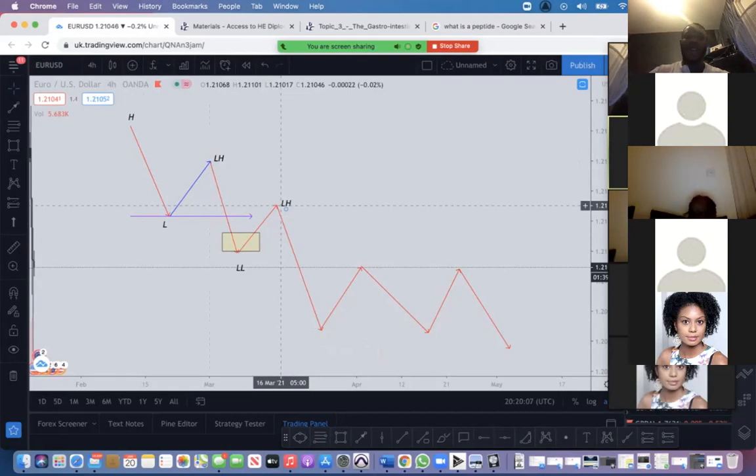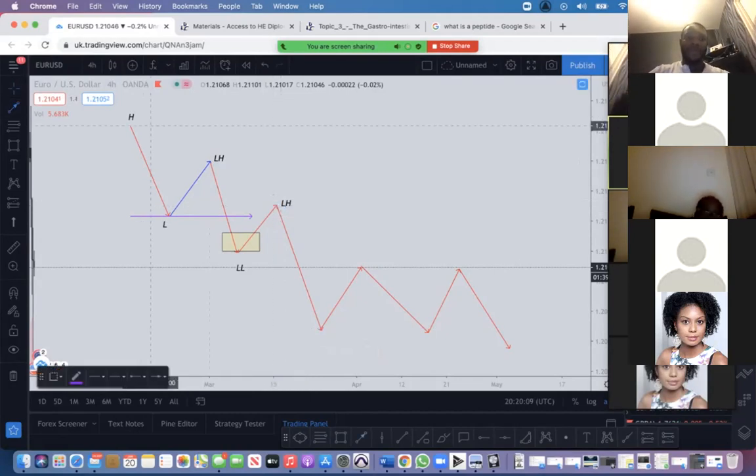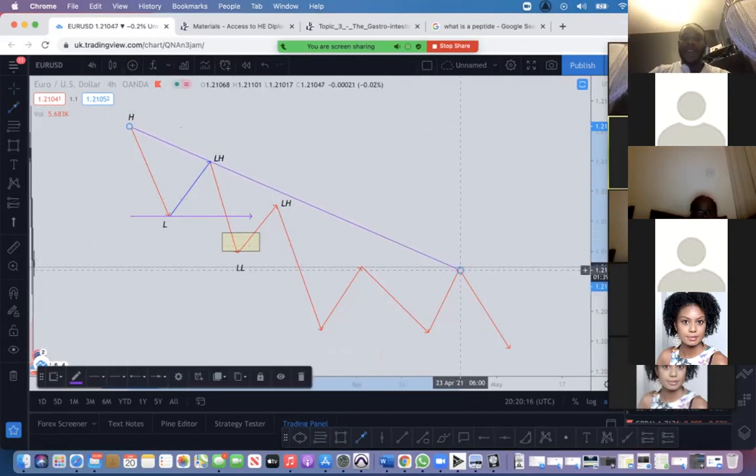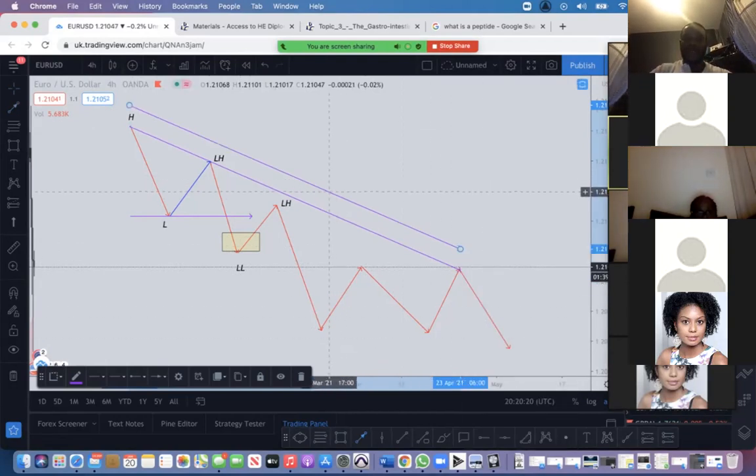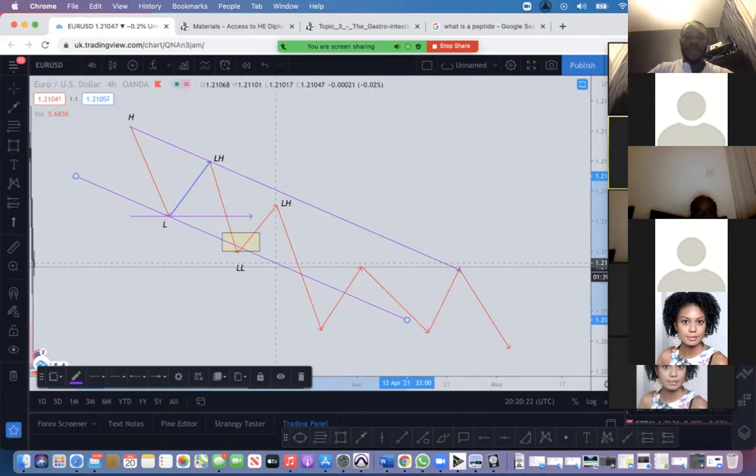If I draw a trend line from this high to this lower high, and I stretch, I clone that to this low, I expect most of my lower lows to land on that clone. Are we learning something here, guys?